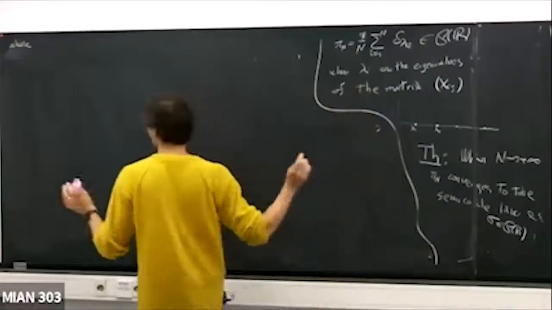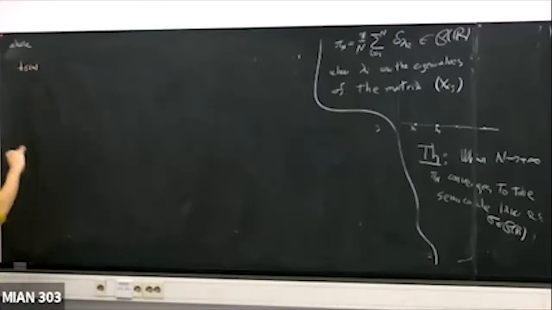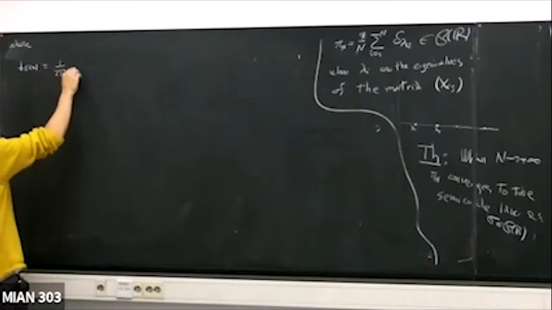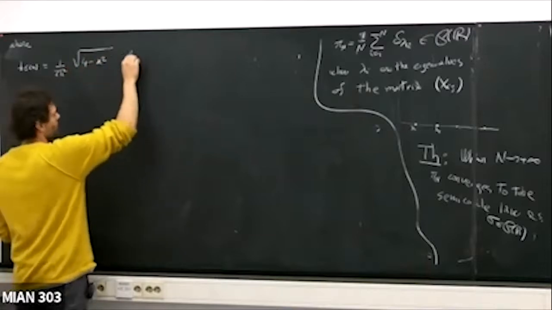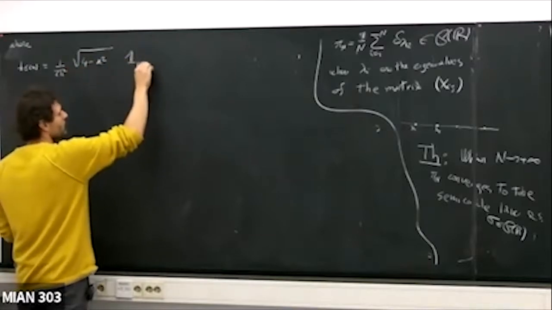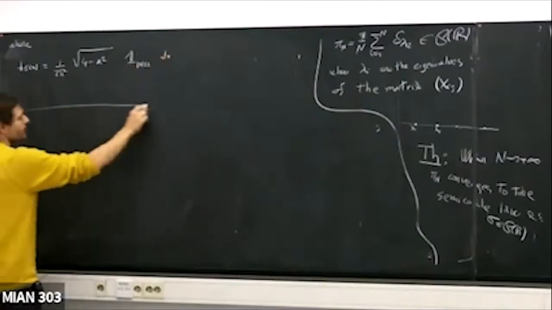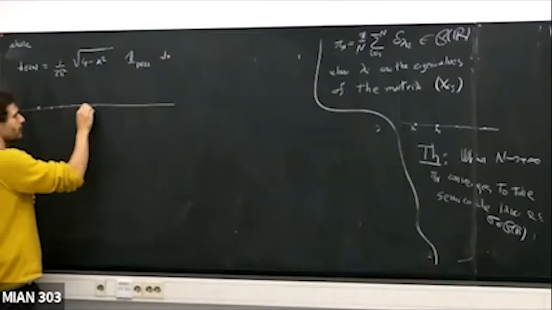And sigma is very explicit. So who is this probability measure? It has a density on R, and is written like this: 1 over 2 pi, the square root of 4 minus x squared, provided |x| is less than 2, dx. So this is R. You put 1 over n on each eigenvalue.